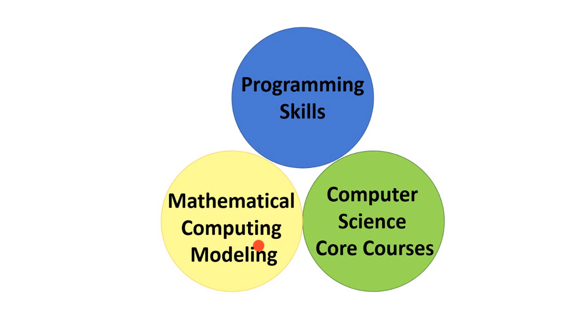We can call it mathematical computing modeling: you learn the skill of modeling a physical problem using math. After that, a computer science student will start their computer science core courses, and after that, maybe study some electives.